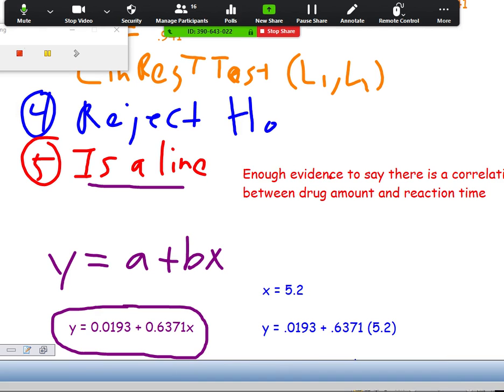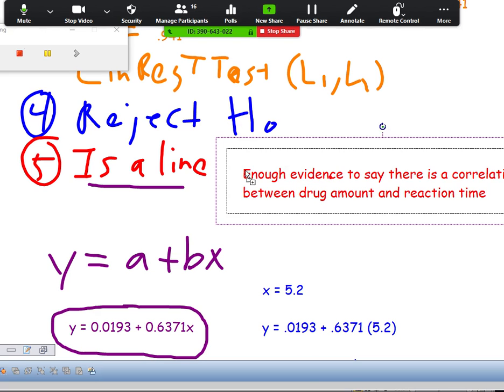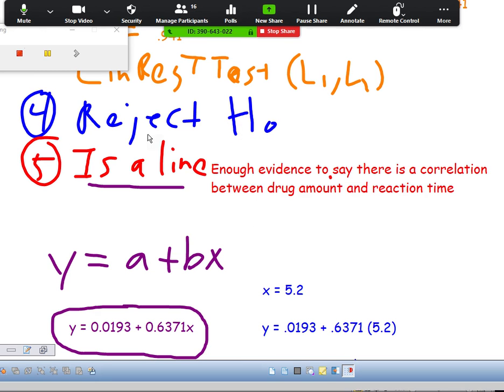I want the enough evidence, but I would like you to do both, because this is a line part will totally help you with everything else. It will make your life easier. So this will help you with this next part down here. So then you would say, since I reject H0, I do have enough evidence, right?